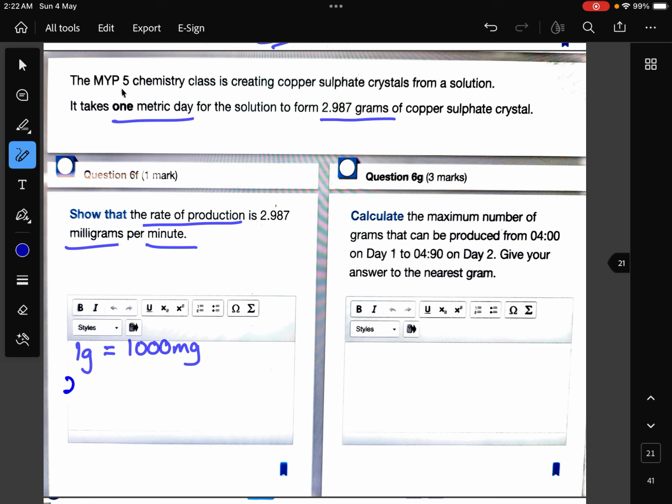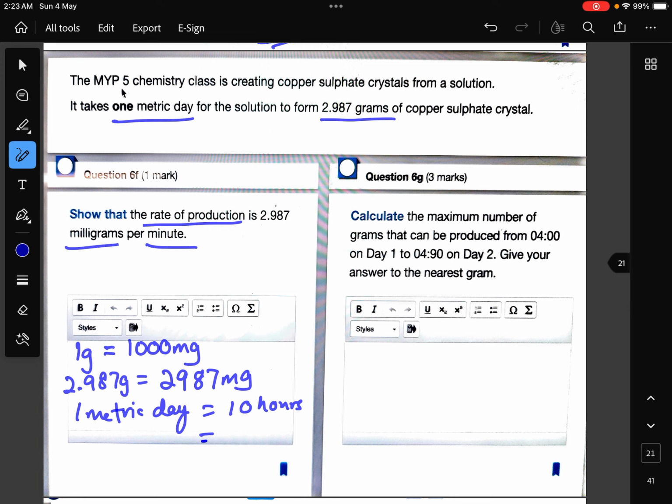So we know that 2.987 grams is basically the equivalence of taking 2.987 and multiplying this by 1,000, which gives me 2,987 milligrams. Now we also know that 1 metric day is the same thing as 10 hours, and we know that 1 hour basically has 100 minutes.